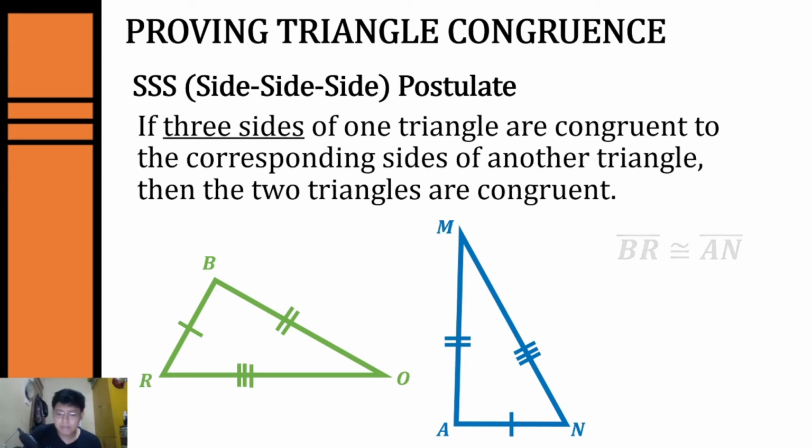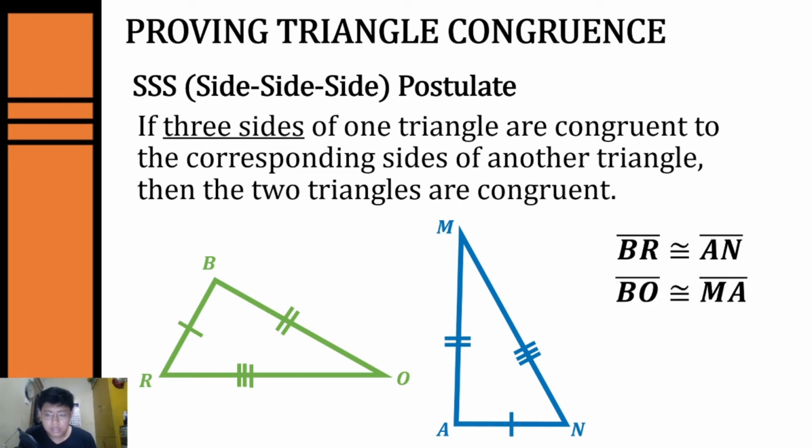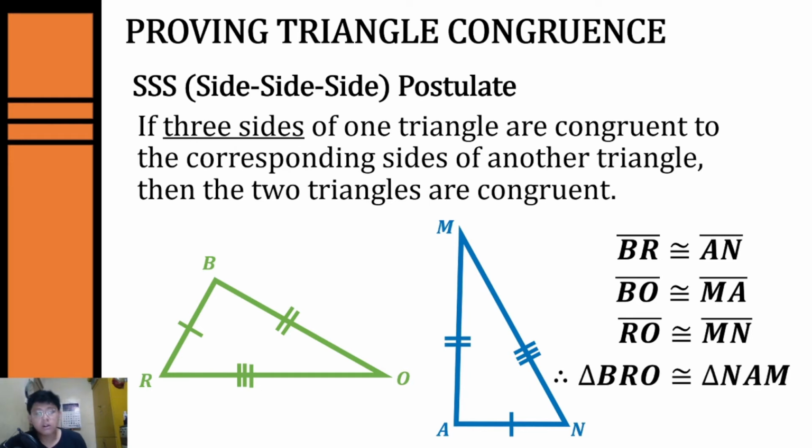Side BR is congruent to side AN, side BO is congruent to side MA, and side RO is congruent to side MN. This is enough to prove that these two triangles are congruent. We can say that triangle BRO is congruent to triangle NAM.